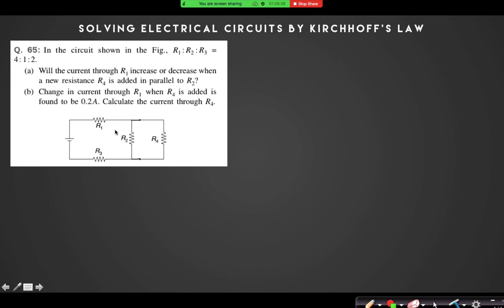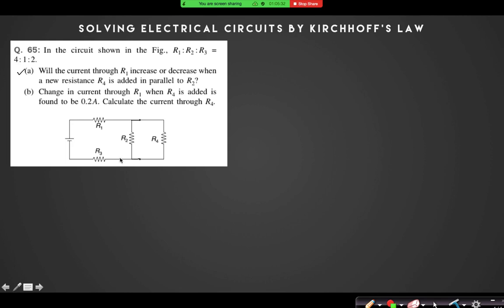So whatever may be the lowest between R2 and R4, the equivalent resistance will be lower than that. So definitely the equivalent resistance of this branch will decrease and the current in R1 will increase. That is a very basic thing, and I think you have understood the answer for the first question, that the current will increase.